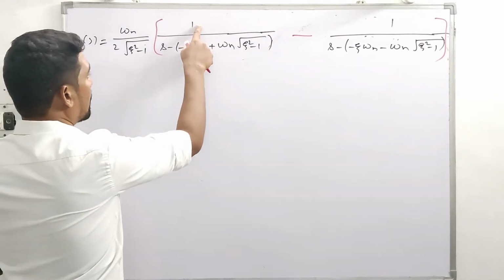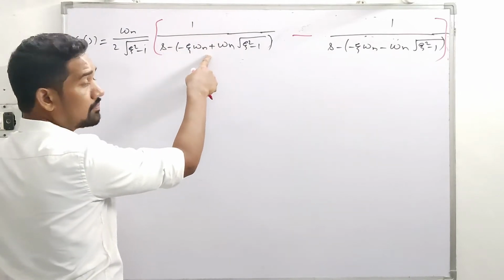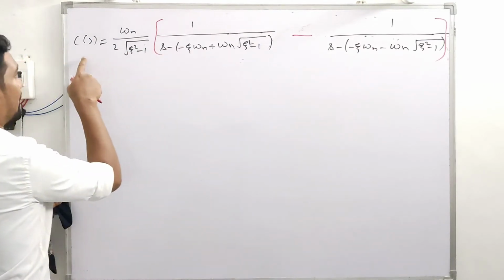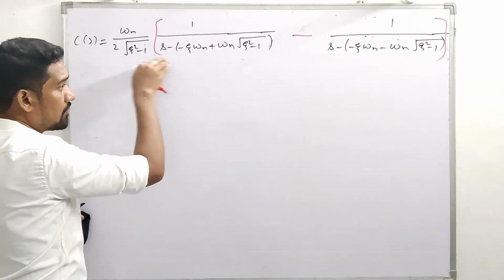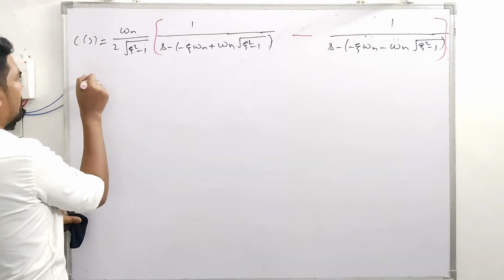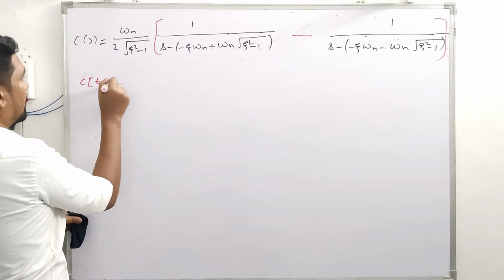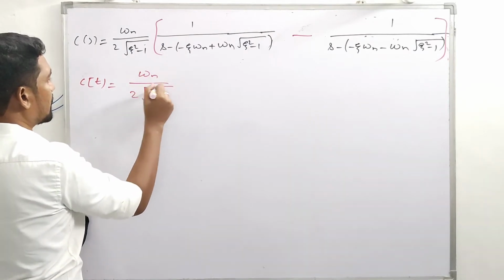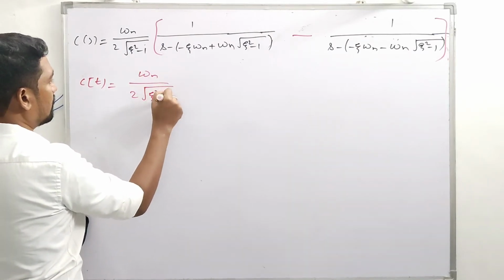Almost, it's 1 upon s minus a, 1 upon s minus a, and we obtain the inverse Laplace transform for the entire expression. It's no more c of s, it's c of t, in the time domain, which is equal to omega n into twice zeta square minus 1.